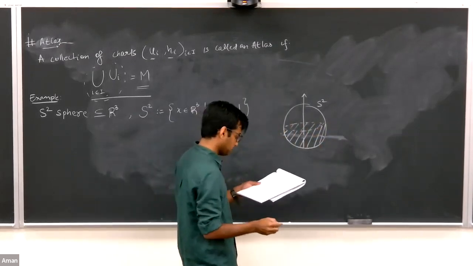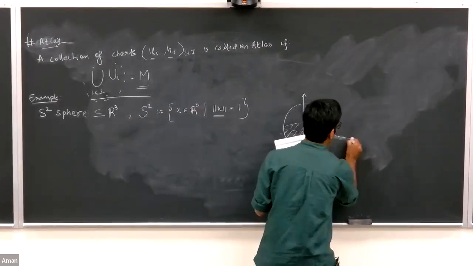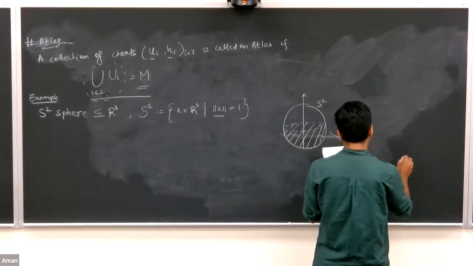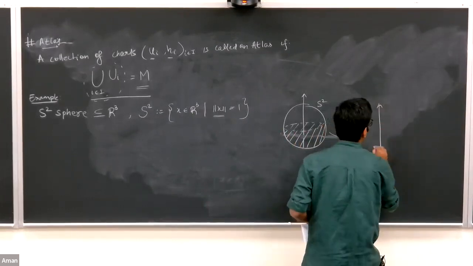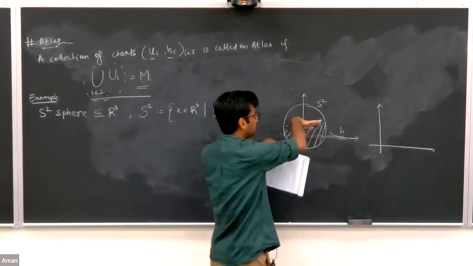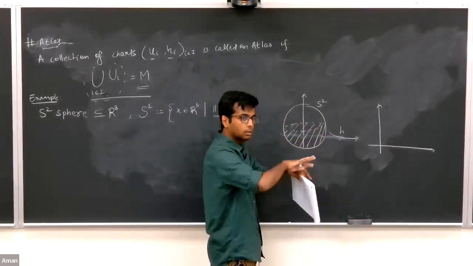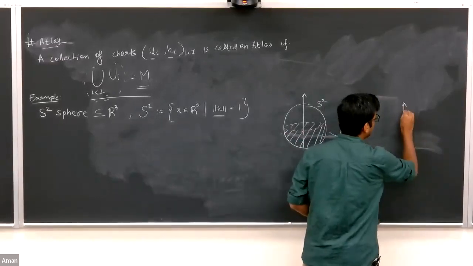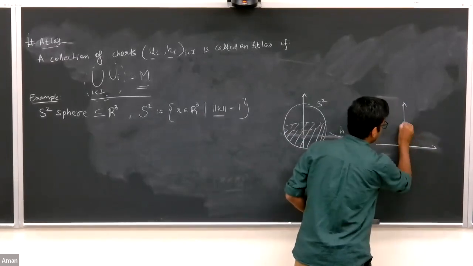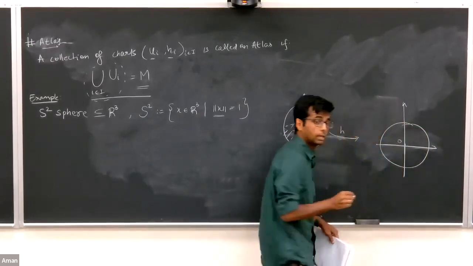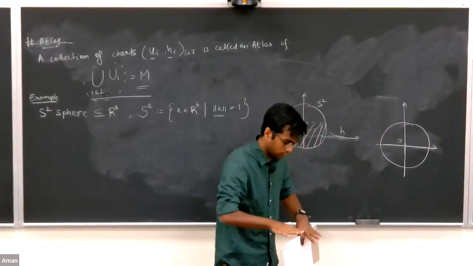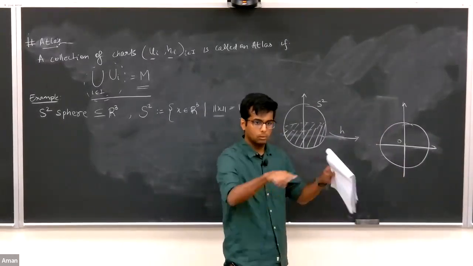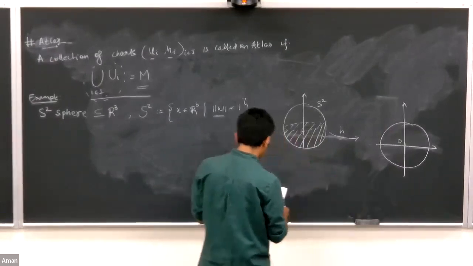Let's say that the map here is called H, and this will map to, if you look at this surface from the top and stretch it onto a Euclidean coordinate system, you can see that it maps to a circle. Look at the sphere from the top, spread it out, and it becomes a projection. The projection will look circular, right?